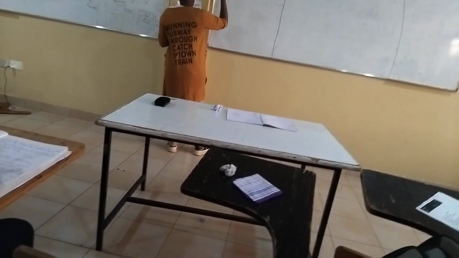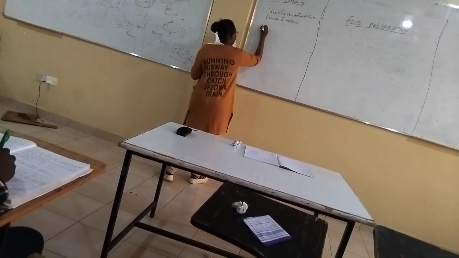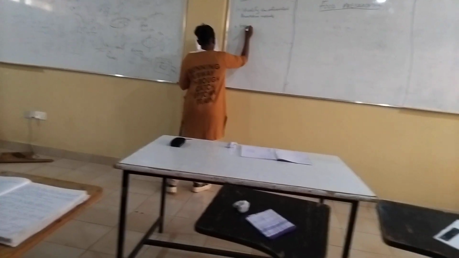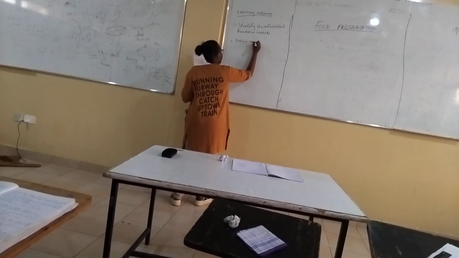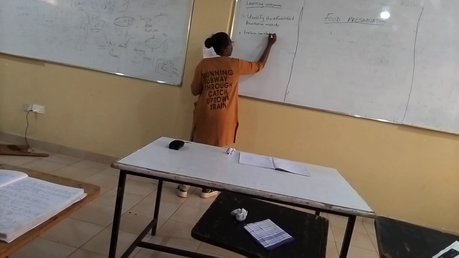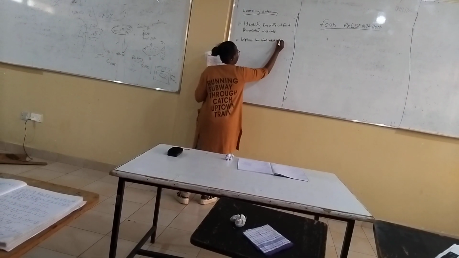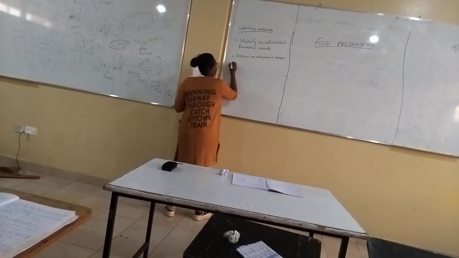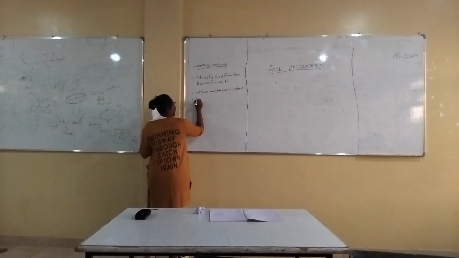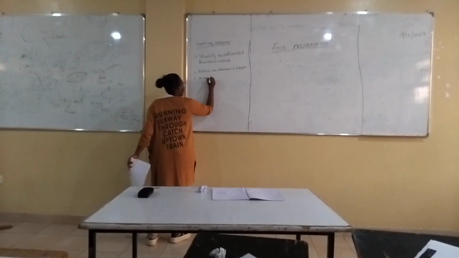Number two, by the end of the lesson, the learner should explain how food product is displayed. Learning outcome number three, you should be able to list ways of increasing palatability of food.